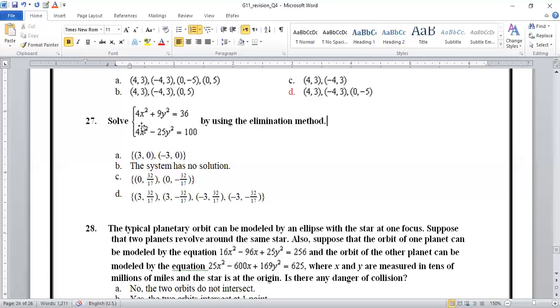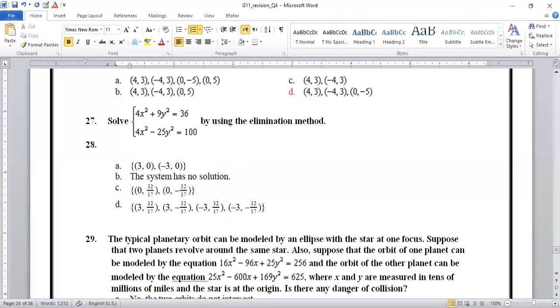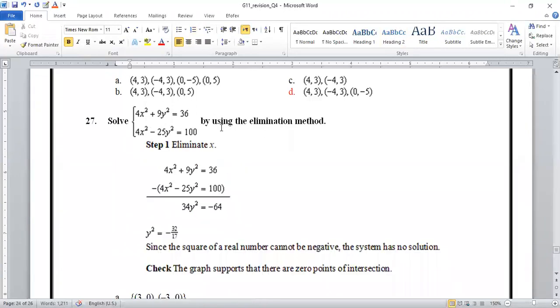Number 27, solve 4x squared plus 9y squared equals 36 and 4x squared minus 25y squared equals 100 by using elimination. Step 1, eliminate x. How to eliminate x?